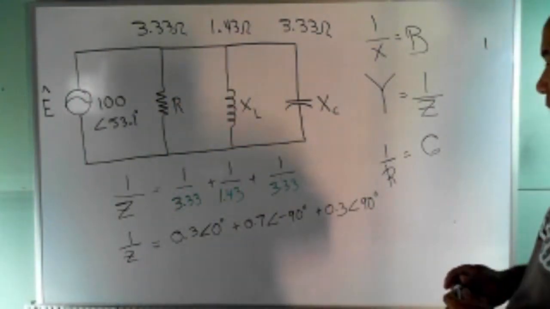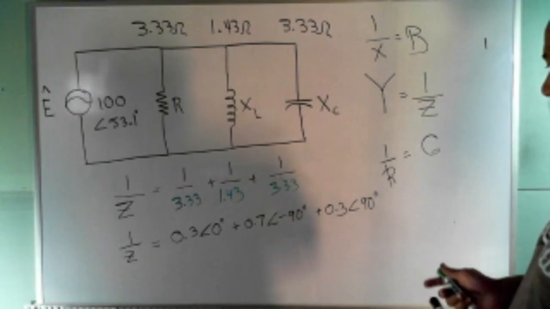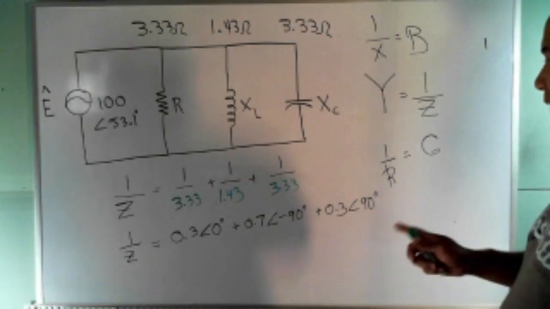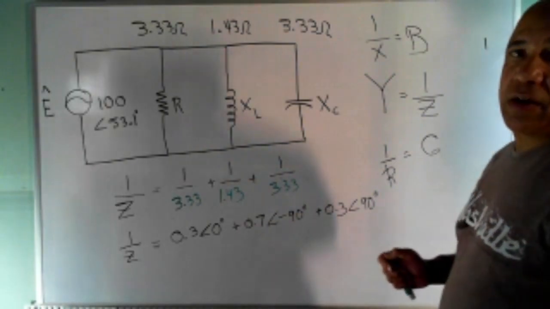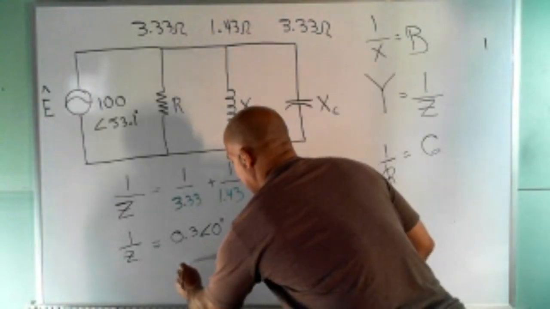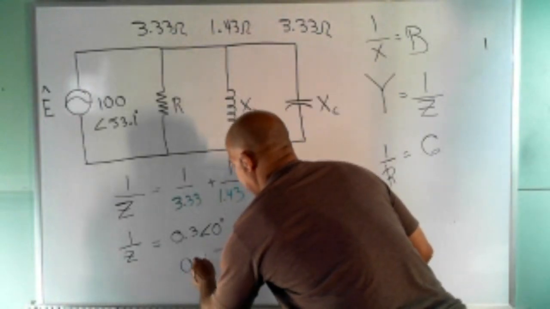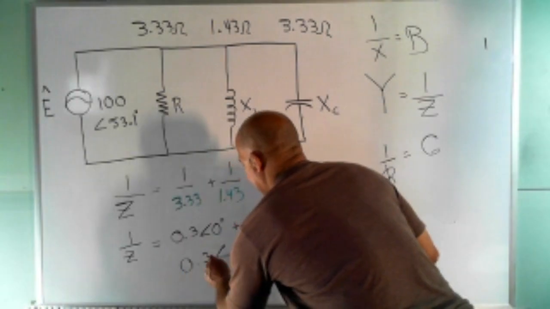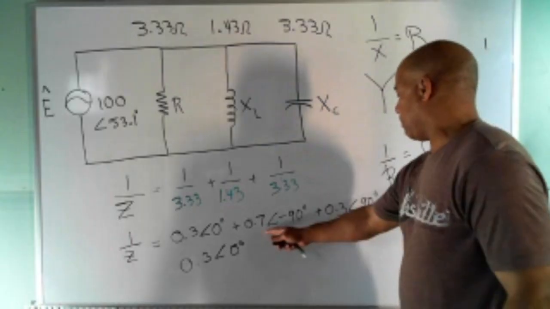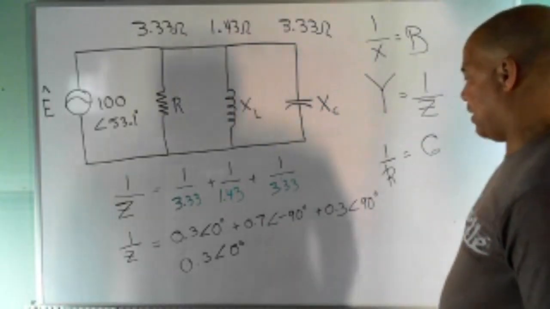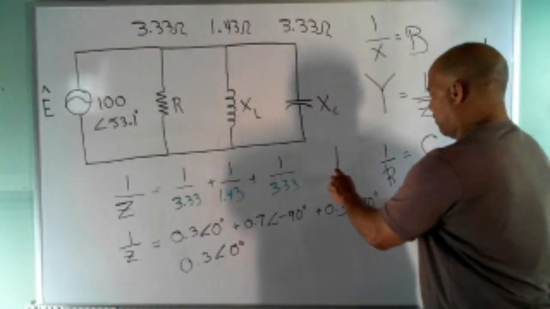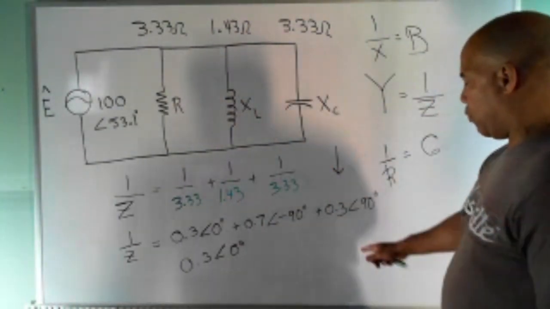So I can just add these up directly without converting them over because I know that's 0.3 angle 0 degrees. But these two right here are on the same line, right? One is at minus 90, one number's phasor pointing down like that, at 0.7.